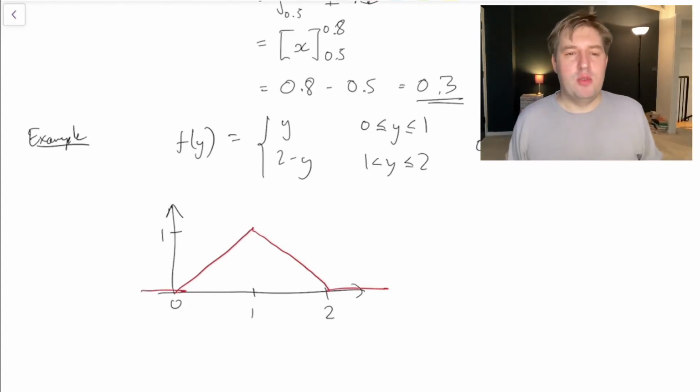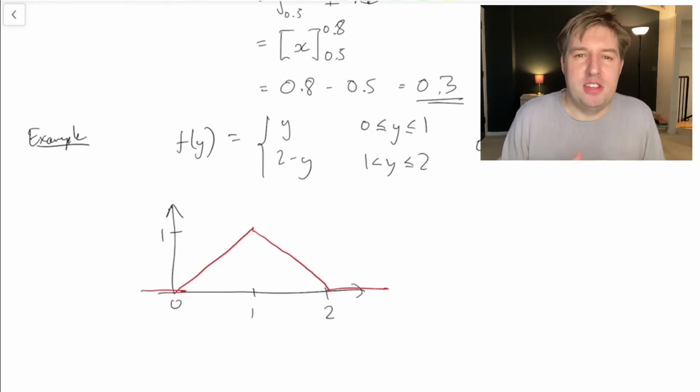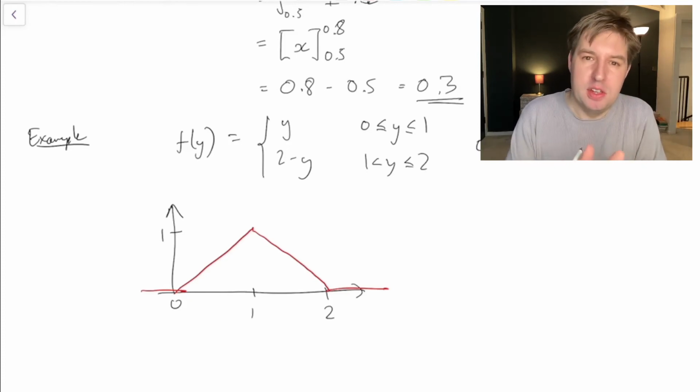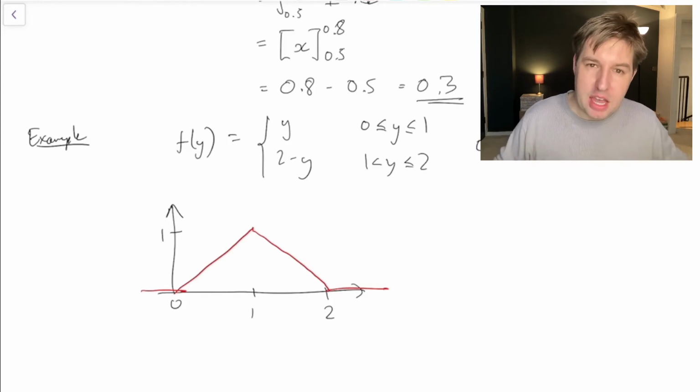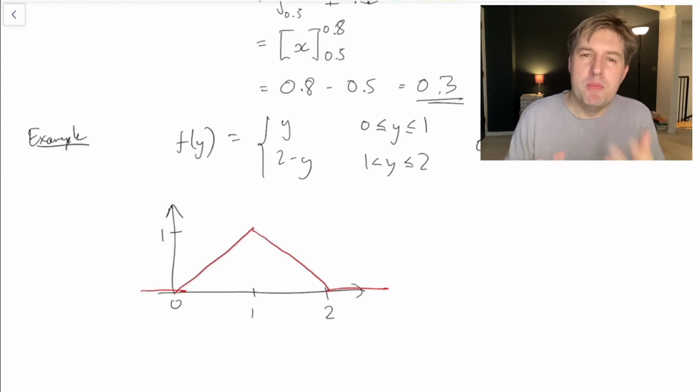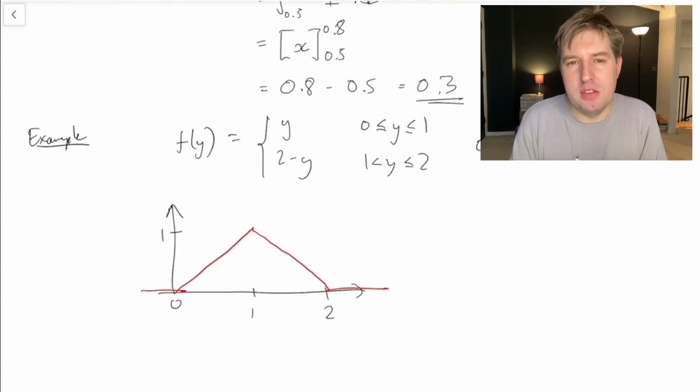So this is giving us a random variable that takes values between 0 and 2. The intensity of the probability is biggest in the middle of the interval, near 1, and the intensity of the probability is much less out near the edges, near 0 and 2. So we're more likely to get a number in the middle of the interval than towards the edges, compared to the last case where the PDF was flat.